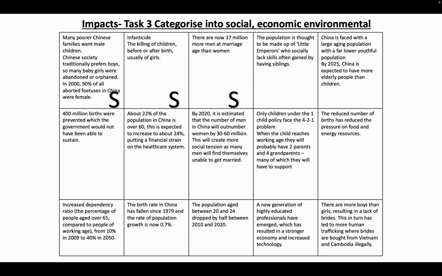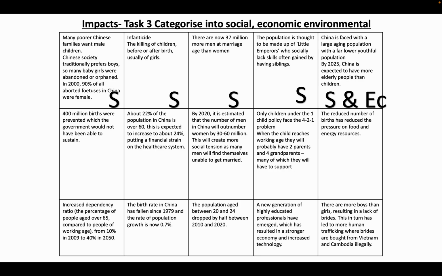Another social benefit. Sorry, impact, should I say, not benefit. The population is thought to be made up of little emperors, so we call this little emperor syndrome. So they lack the social skills from not having a brother or sister, for example. So that's social. Oh, I got my animations in the wrong order there. Currently, China's faced with an aging population.